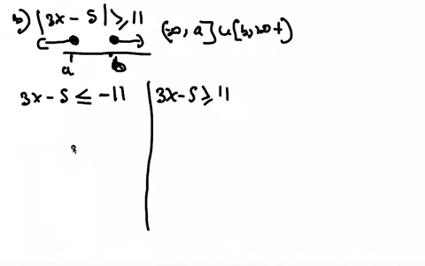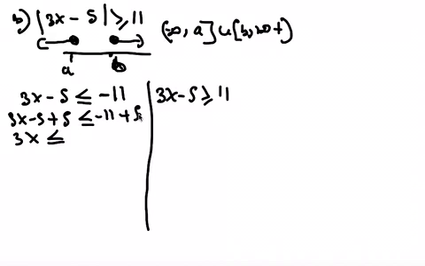Let's solve one by one. 3x - 5, we're looking for x. Let's isolate 3x first. Add 5 on both sides: 3x - 5 + 5 ≤ -11 + 5. 3x - 5 + 5 is 0, so we'll have 3x ≤ -11 + 5, which is -6.